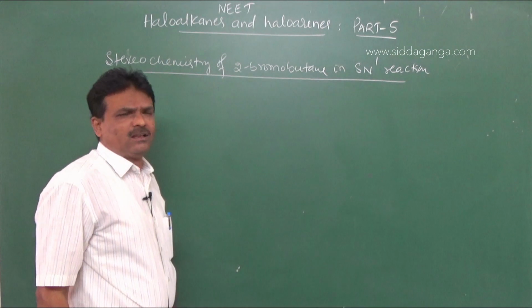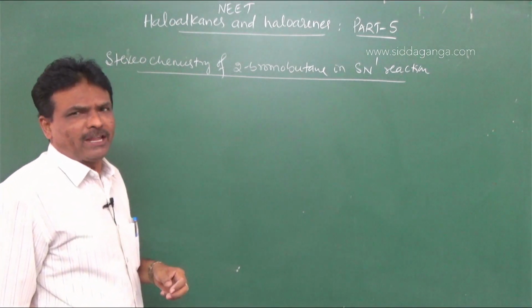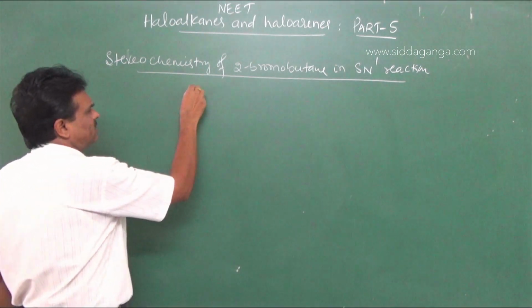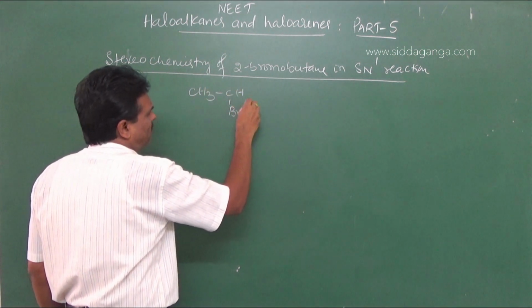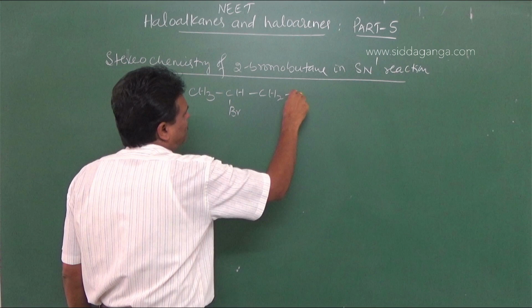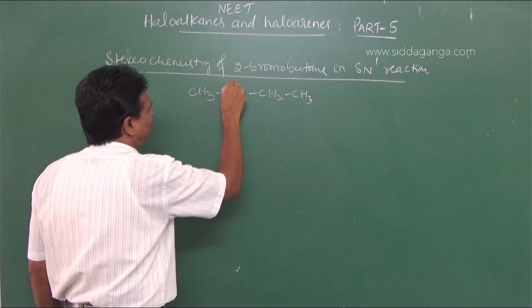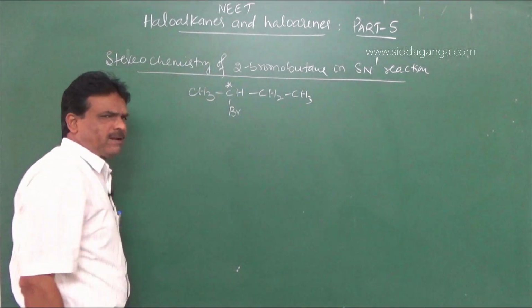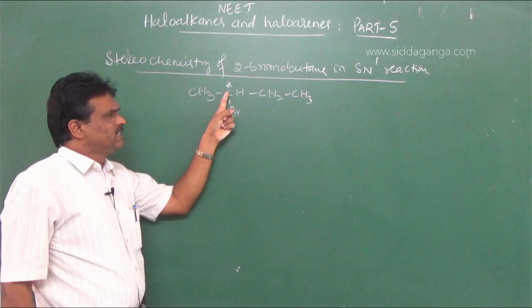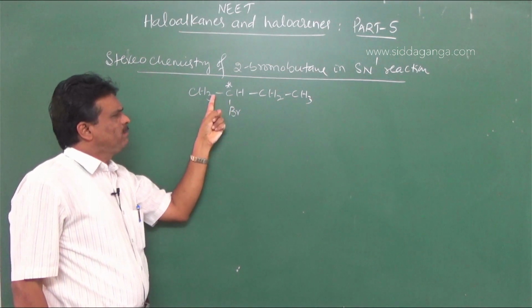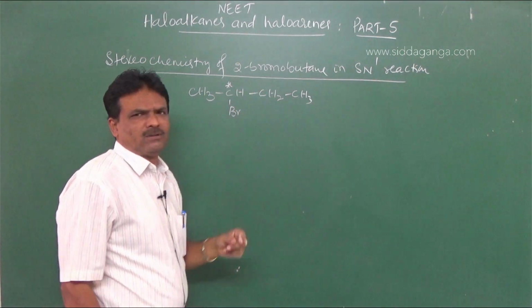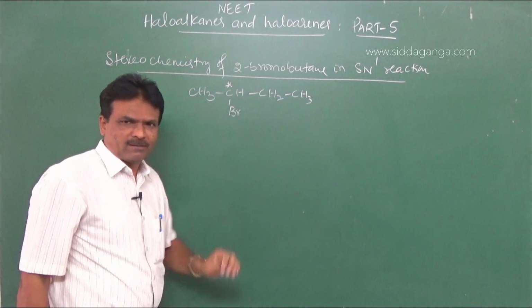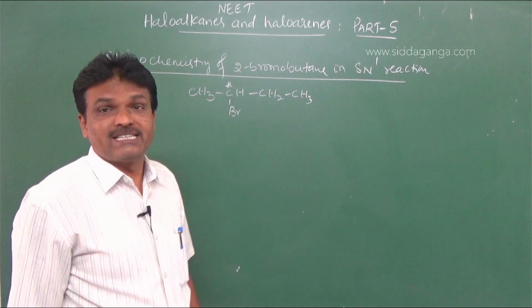Clear? So in case of 2-bromobutane, look here: CH3, CH, Br, CH2, CH3. This is the asymmetric carbon atom because it is bonded with one methyl group, one bromine atom, one hydrogen atom, and one ethyl group. Also this molecule is dissymmetric.